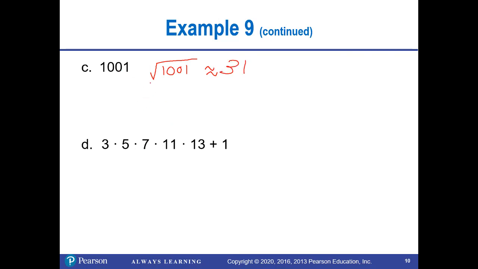So even though I would normally round this to 32, I'm just going to round this to 31. I need to check 1001 and see if any prime factors less than 31 divide it evenly. If any do, then it's not prime. If none do, then it is.